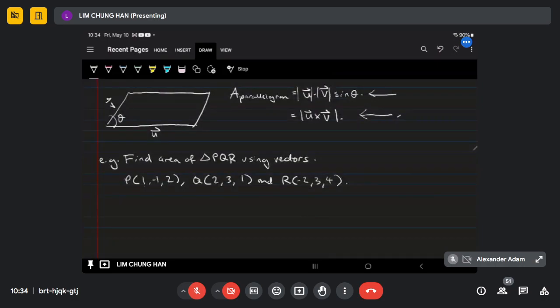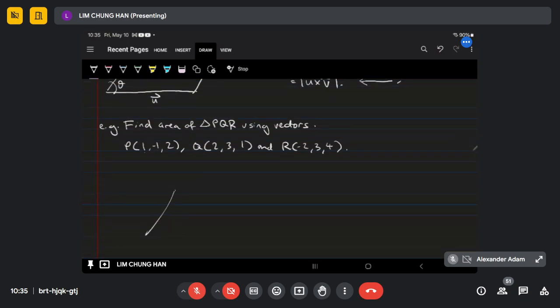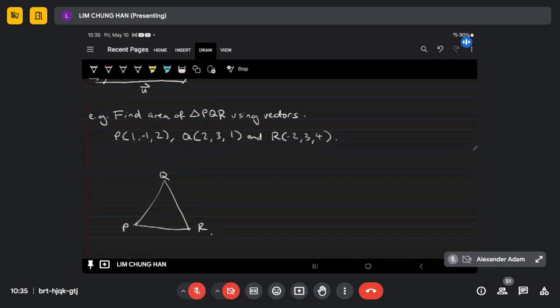Okay, so when you see a question like that, I want you to find area of this triangle PQR using vectors. Now, the first question you ask yourself is, P, Q, R, are these vectors or are these coordinates?